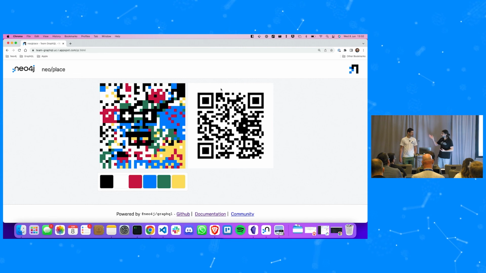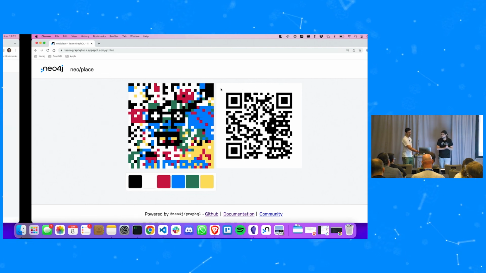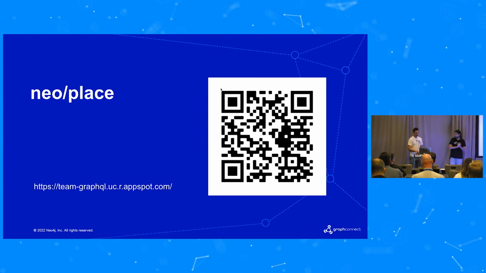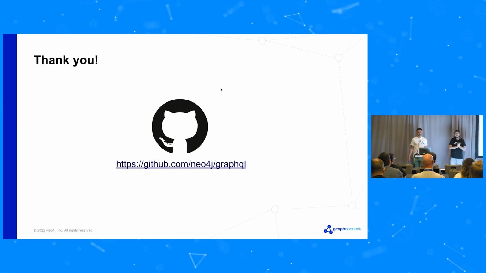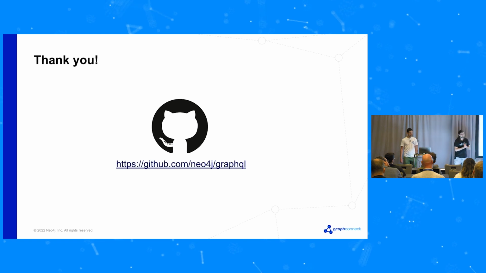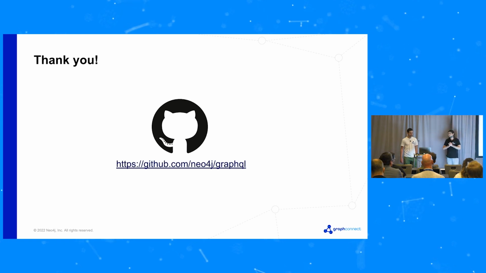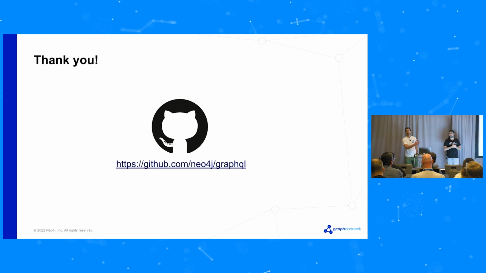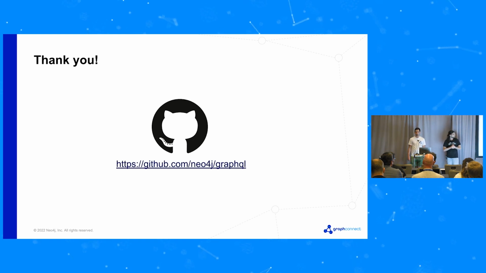And also, I think you wanted to say something about the community? Yeah, so all of this is free. All of this is open source on our GitHub repository, Neo4j/GraphQL. But I also want to say we could have never really built any of what we built here without the help of the community.